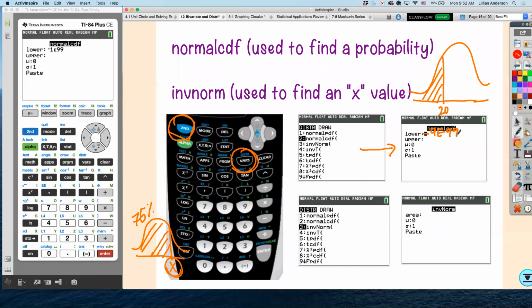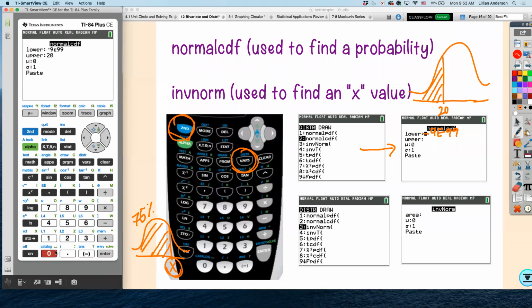So that's basically saying -9 times 10 to the 99th power. This is the normal setup for normal CDF. You get the E by pressing second comma, or you can always say times 10 raised to the 99th power. What will my upper bound be? It will be 20, and then my mean and standard deviation would be whatever is in the problem.